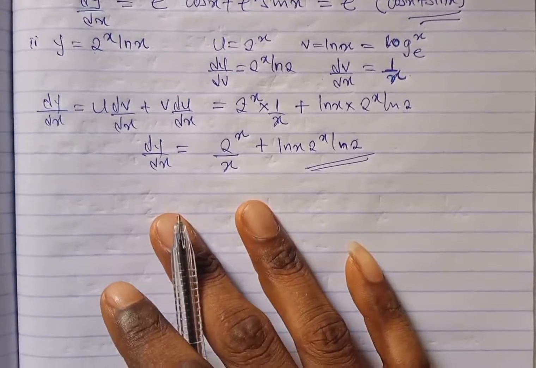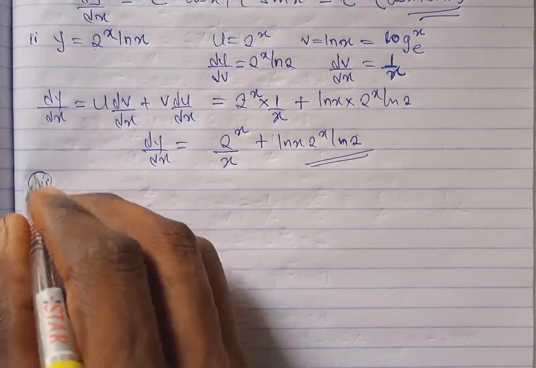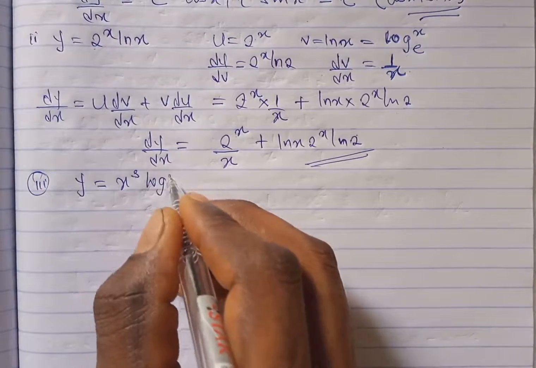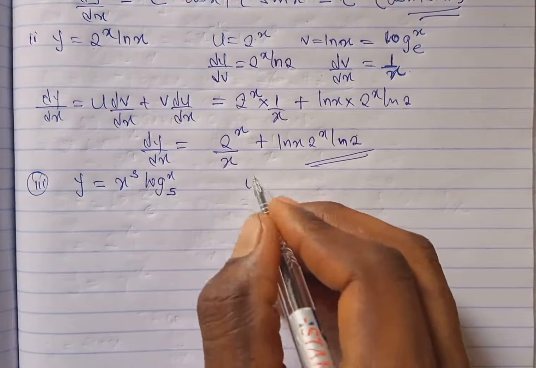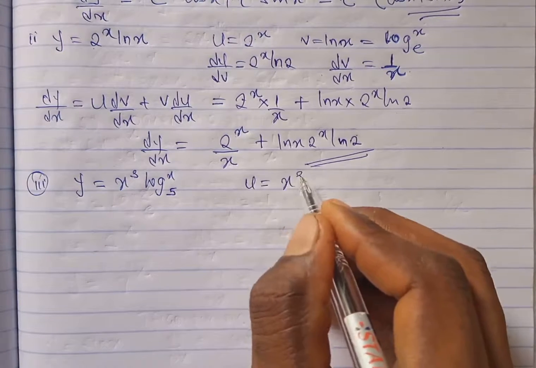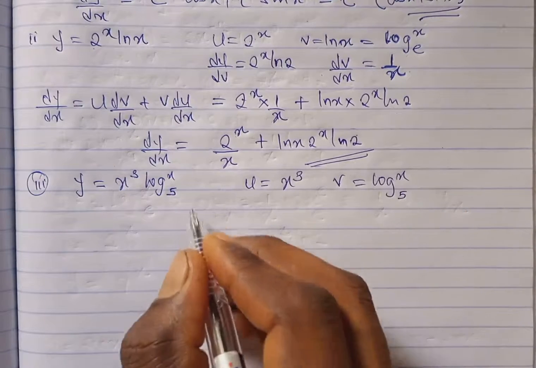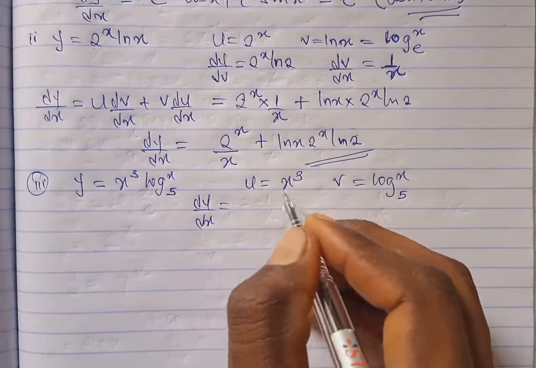Then the final example, when you have y equals x raised to the power of 3 times log x base 5. First thing you need to do is label your u. My u is x raised to the power of 3 and my v is log x base 5. Now the du/dx is the differentiation of this one. You know how to differentiate this one.